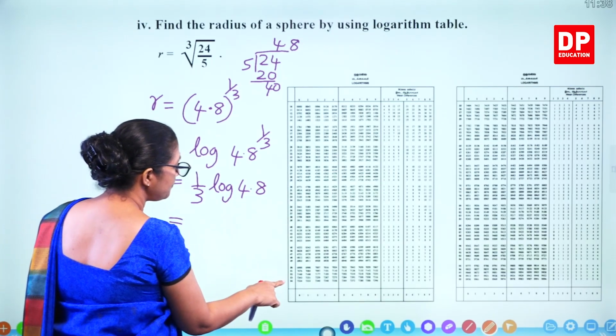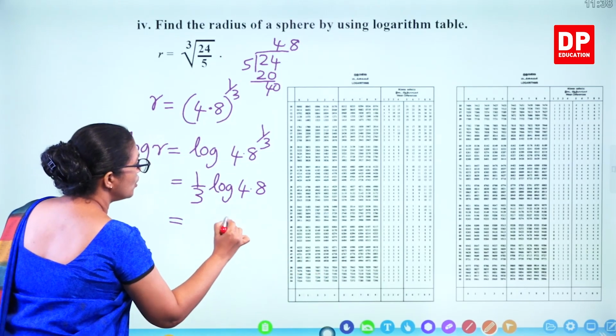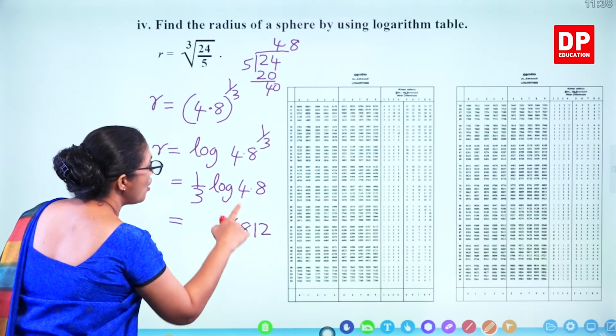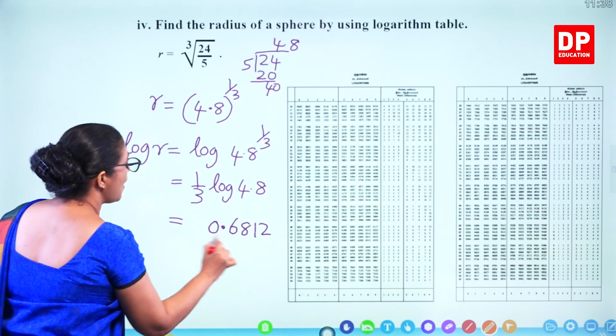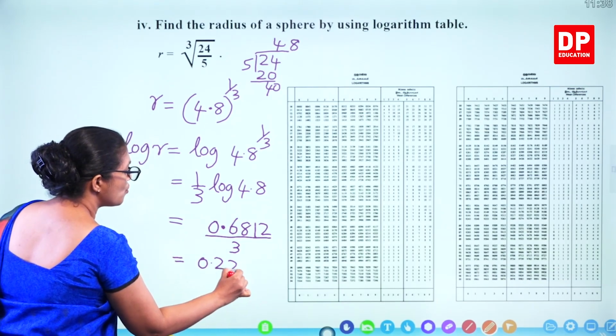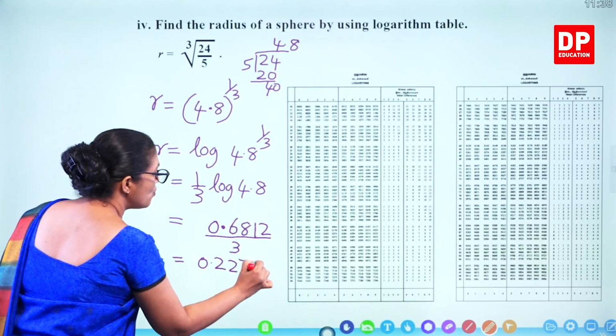48, 6812. But here this is 4 point means 0 point. Divide by 3, 2, 2, 6. For 21, that's 7. 2, nothing.